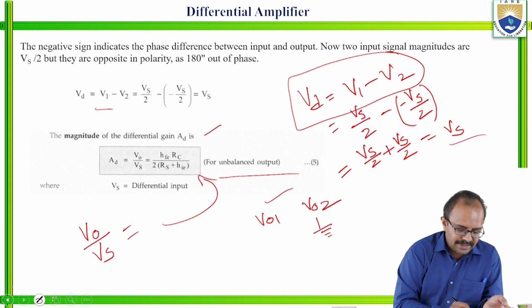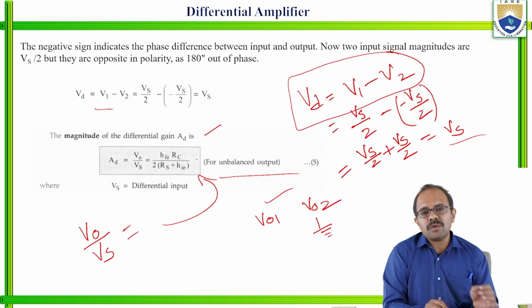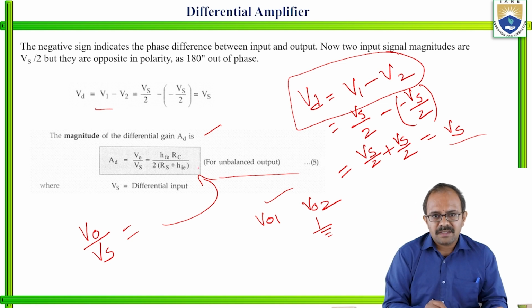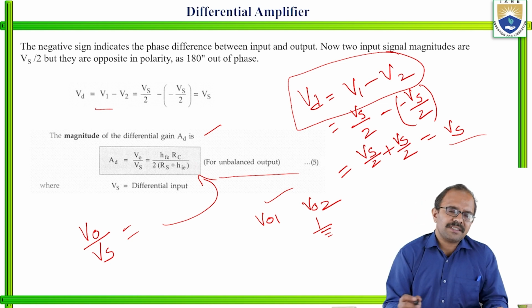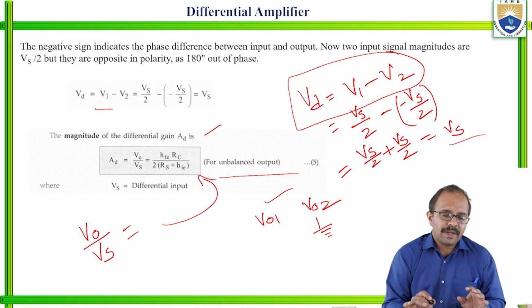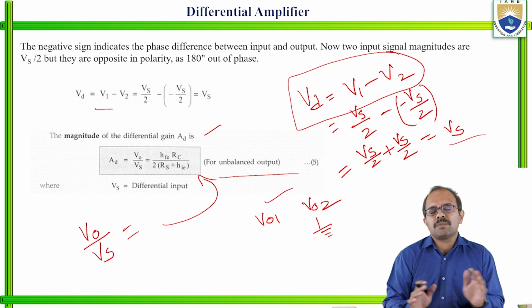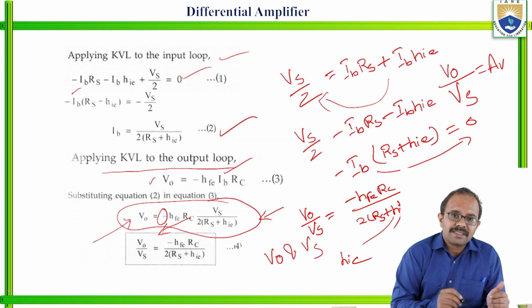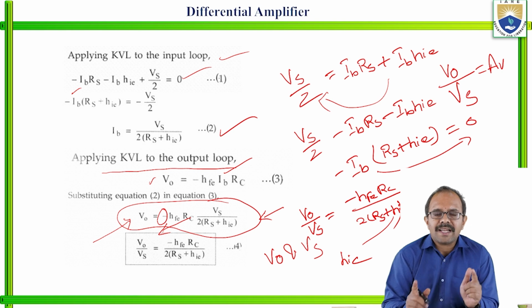So what we said, this is the gain for the output coming out from one transistor. It can be your first transistor or it can be the second transistor, while suppressing the output terminals of the other transistor. That is nothing but unbalanced mode of operation. Now if it is the balanced mode, what will happen? Both the transistors will contribute to the output.